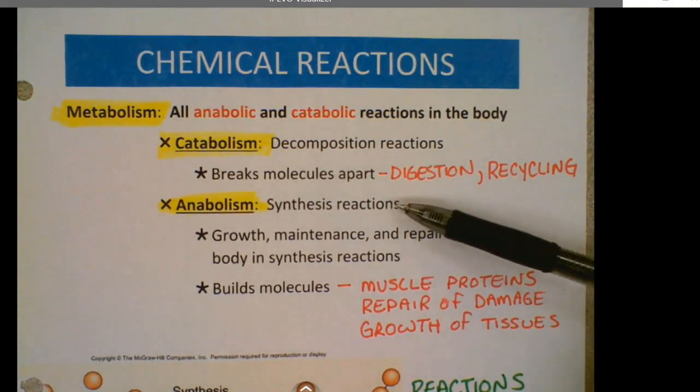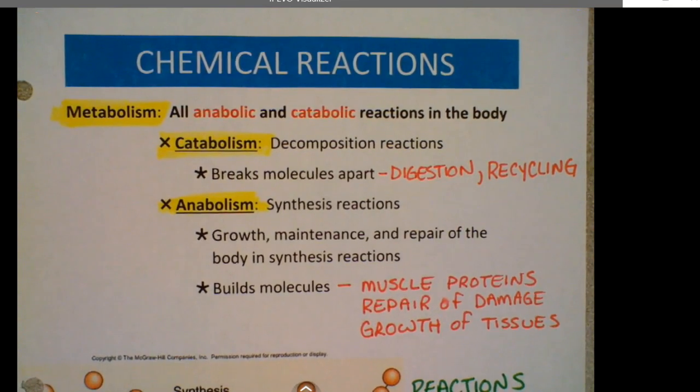This is also called a synthesis reaction. We're going to build a molecule, such as muscle proteins if we're working out. We can repair any damage. Our hair, our skin is continuously growing. So all of those things are known as anabolism.